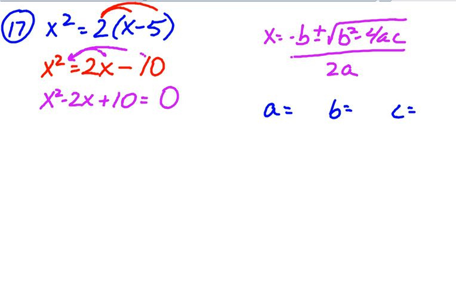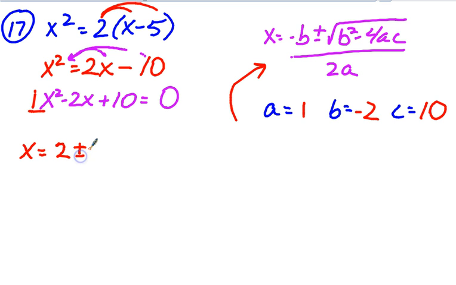So in this case, a would be, there's nothing there, so it's a 1. b is negative 2. And c is 10. Okay, so I'm going to take those numbers and plug them into the formula. It's always the opposite of b. b is negative 2, so the opposite of that would be positive 2, plus or minus the square root of b squared, so that's negative 2.